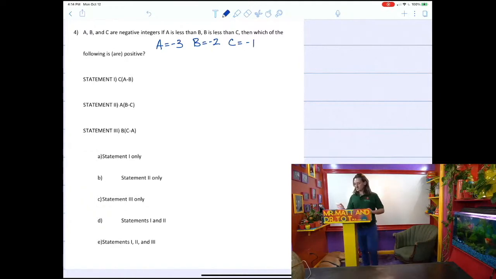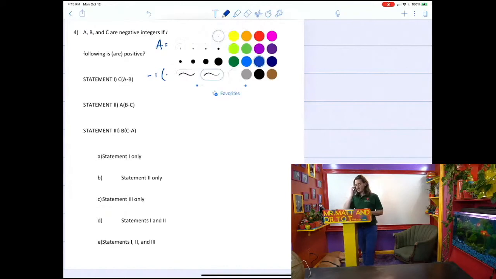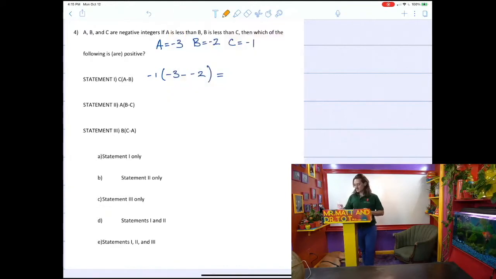So if I substituted these values in here, I'd get -1 times the quantity -3 minus -2. Inside the parentheses, we have the quantity -3 minus -2. You can do the little leave-change to make this an easier expression to work with. Leave the first sign alone, change the sign of the operator, change the sign of the second number.